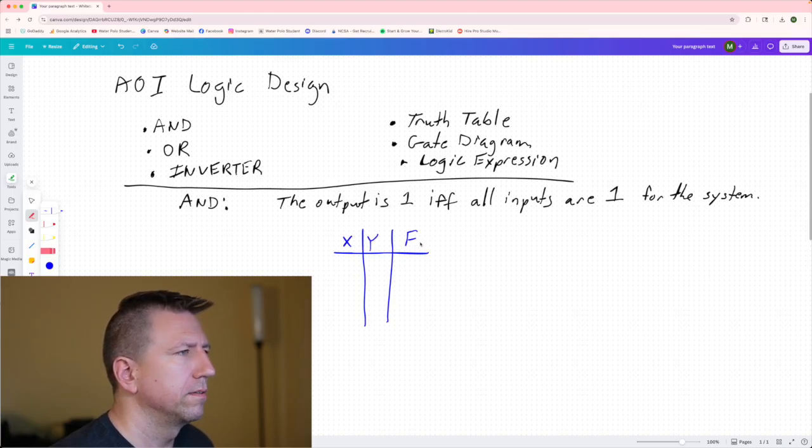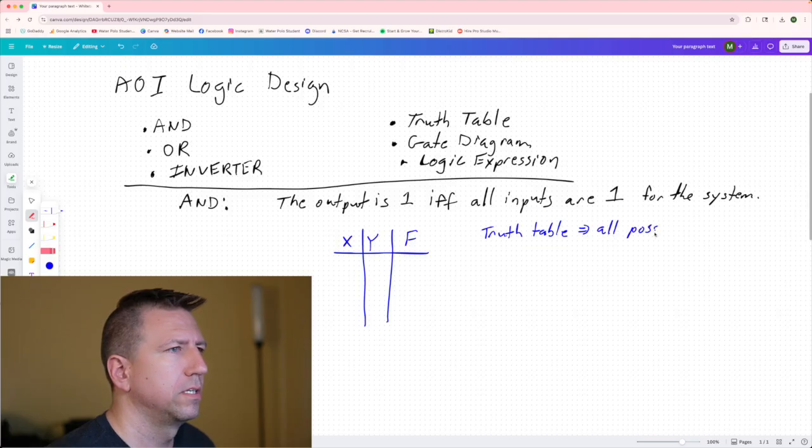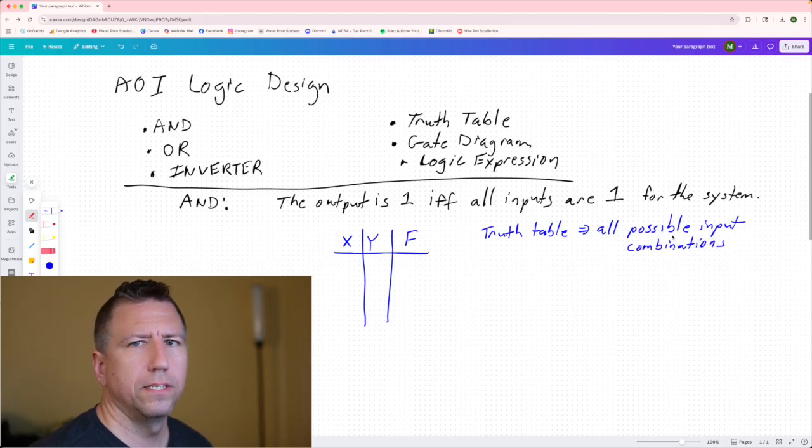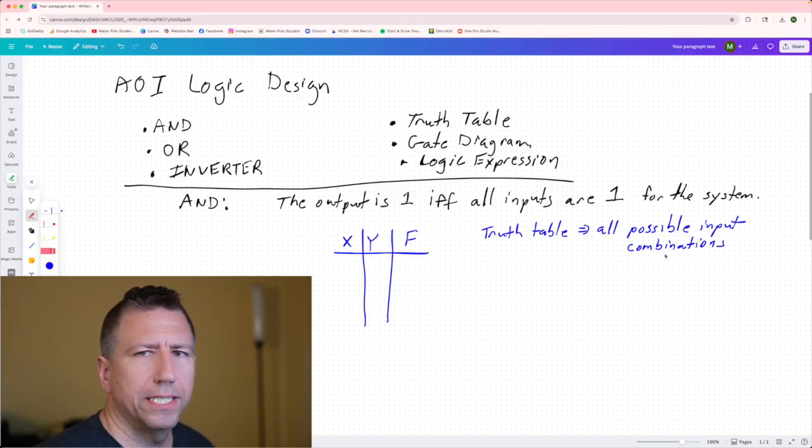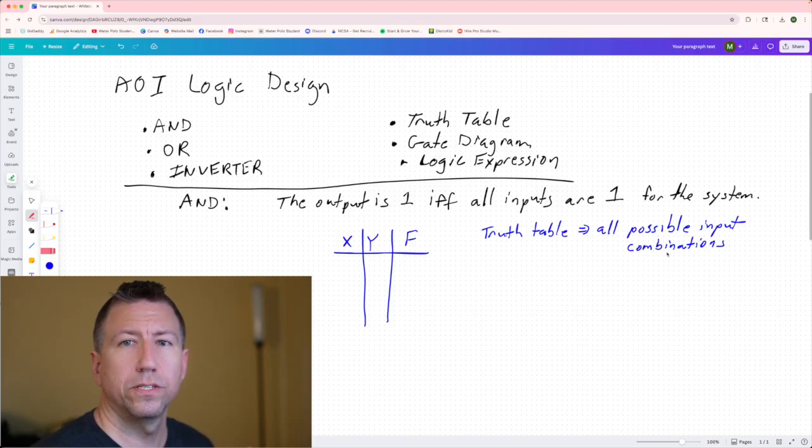And so the truth table gives us all the combinations of inputs, all possible input combinations. There's a lot of little details that go into this. For instance, to make all the possible input combinations, you can count in binary starting from 0 as you go down the truth table.